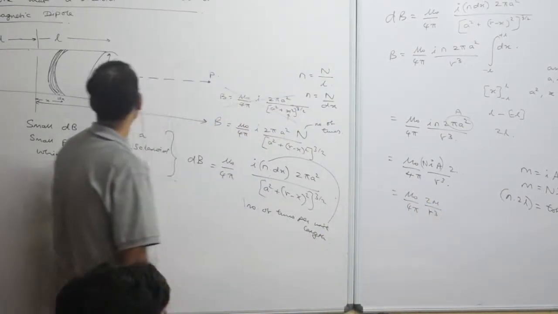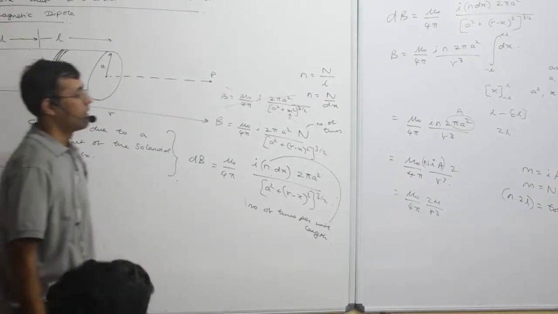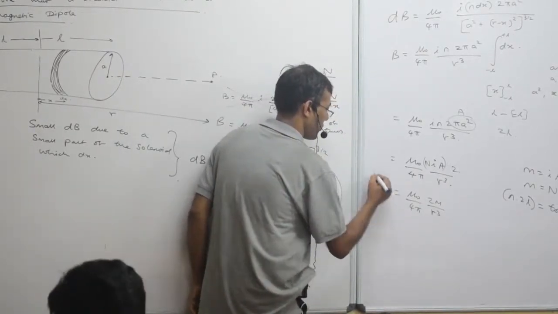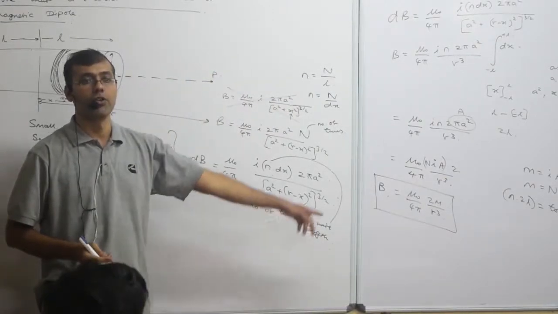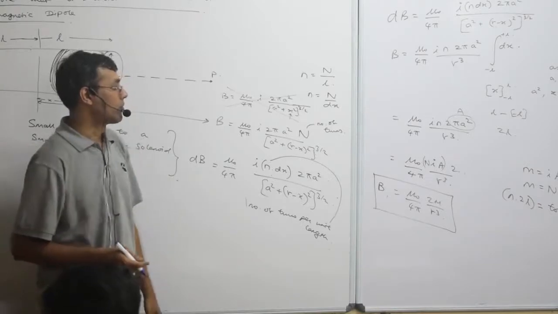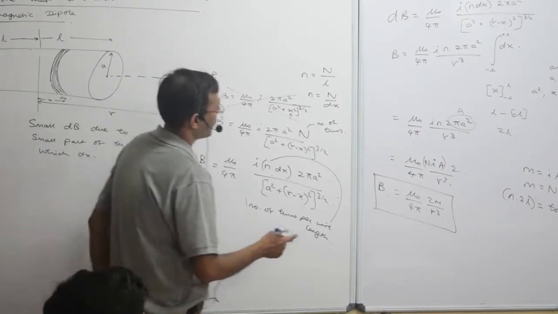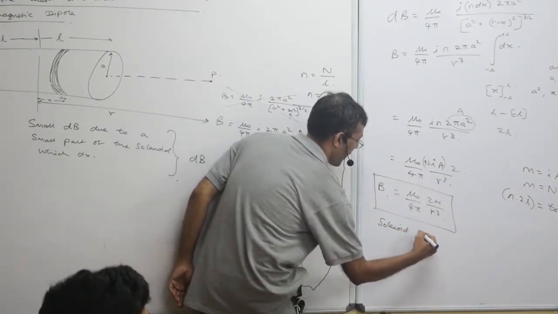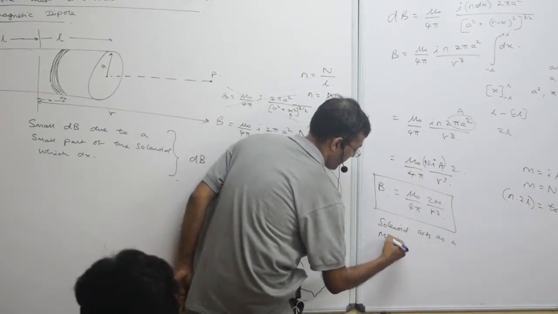In the previous case, I think I took it as x. Here I have taken it as r. Doesn't matter, as long as you get the same term. So have we proven what we wanted to prove? Because I already told you for a bar magnet, this is the formula. So from this I can prove that a solenoid acts as a magnetic dipole.